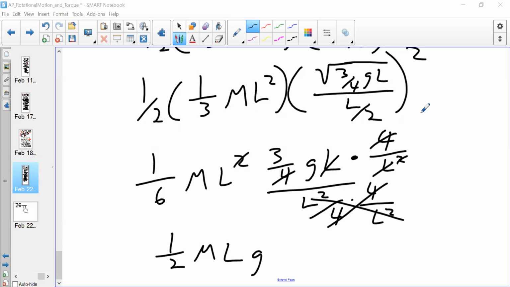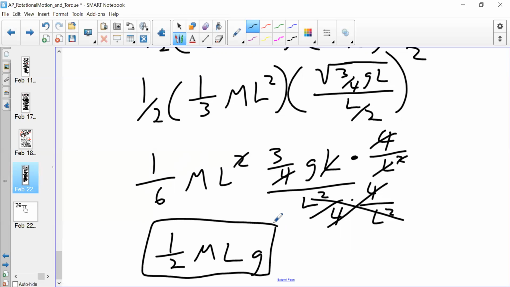Do we see any questions? We see how we did all the substitutions. So this is our rotational kinetic energy term about the center of mass. That's a vital question. Are we doing the rotational kinetic energy about the center of mass or about the extreme edge?